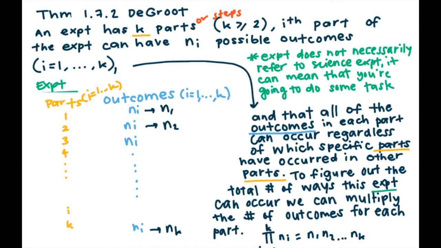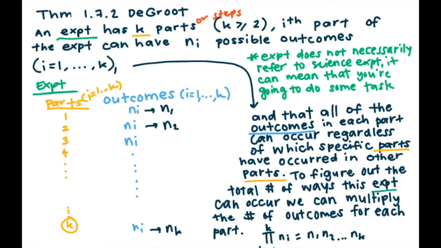To make sure that you understand what's going on, I've written out in green, yellow, and blue parts of this theorem. We're looking at an experiment. An experiment does not necessarily refer to a science experiment. It can mean that you're going to do some sort of task. In the theorem it says an experiment has k parts. In yellow, I wrote out all the parts, 1, 2, 3, 4, all the way to k, right here.